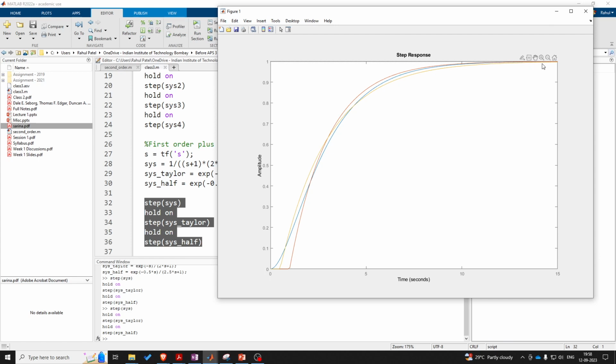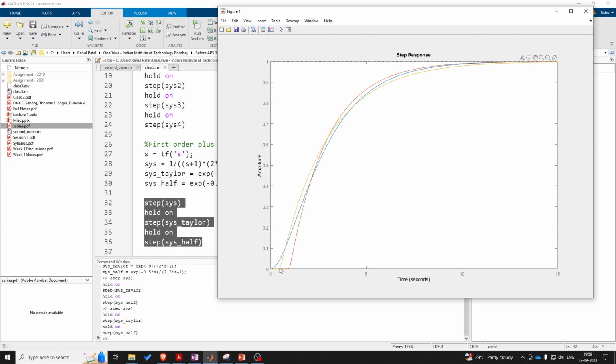So ultimately the steady state value of the approximated system will be more or less similar to the original system, but the transient at the initial stages might be a bit offset, so it will be a bit more inaccurate. Then this yellow line is the response from the half rule formula.